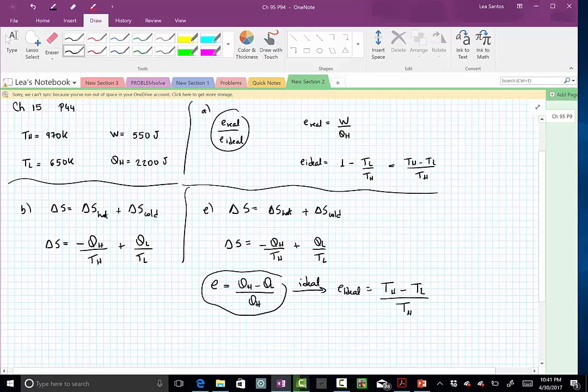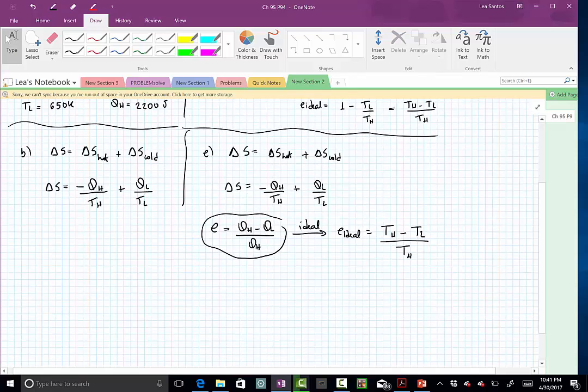So from here, what I'm going to do is try to find the QL. The QL that I want to find is obtained like this. This e is equal to QH divided by QH minus QL divided by QH.